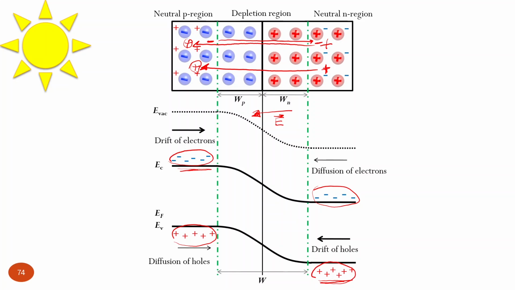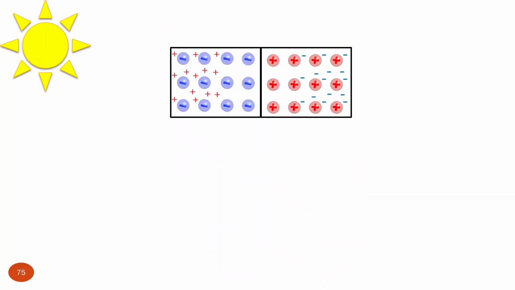So eventually, because of such drift currents, what happens under illumination? We have some excessive positive charge in the p-type region because we have more majority charge carriers, more holes here, than negatively charged acceptors.